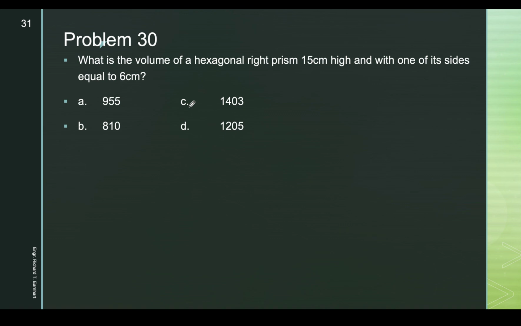What is the volume of a hexagonal right prism 15 centimeters high and with one of its sides equal to 6 centimeters? So let us draw a regular hexagon, you have 6 sides.